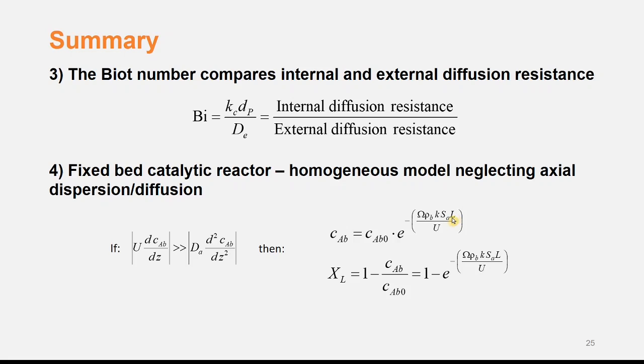This can also be rearranged to give the outlet conversion of A. So this is our design equation. For a given length of the reactor, we can determine the conversion and the other way around. So for a given conversion, using this equation, we can calculate the length of the reactor that is required.